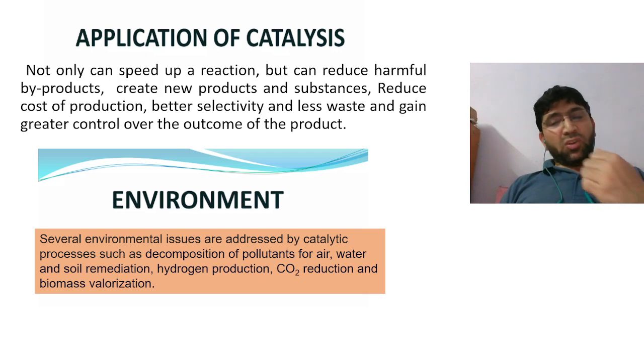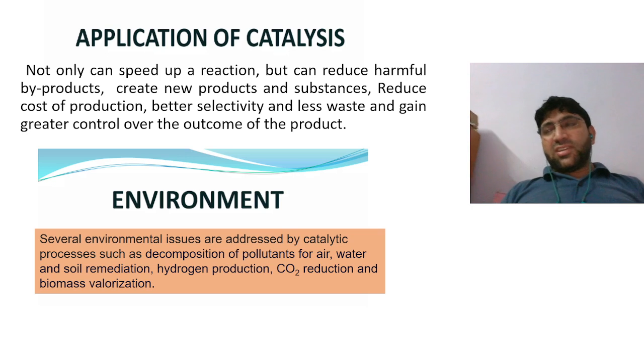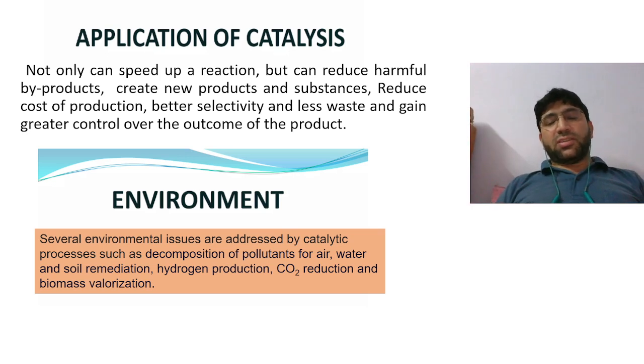For example, we can have many processes like decomposition of different pollutants using catalytic processes, whether it is air pollutant, water pollutant, or soil remediation, which can be carried out with the help of the catalyst.